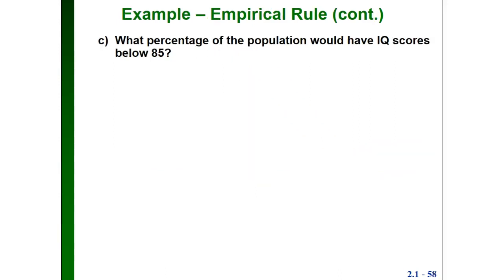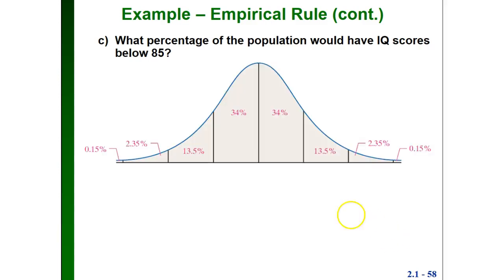Finally, what percentage of the population would have IQ scores below 85? So to do this, again, we're going to put some numbers into our picture. So to locate the 85, we want to start with the mean, which is in the middle, and then we're going down, and if we go down by 1 standard deviation, that gets us to 85.